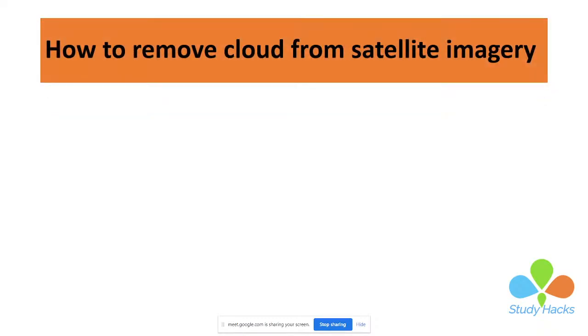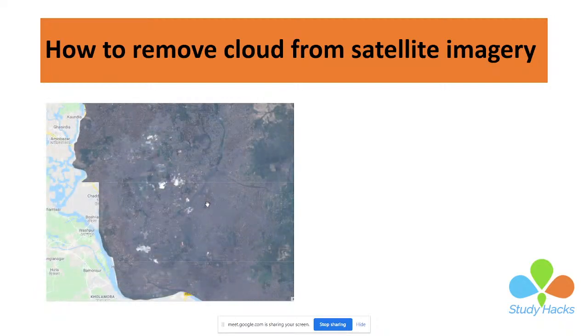First of all, how to remove cloud from your satellite imagery. Here you can see the first satellite imagery. In this imagery you can find some cloud. This white pixel value identifies the cloud pixels.